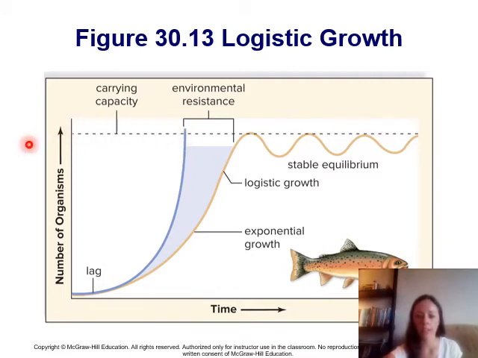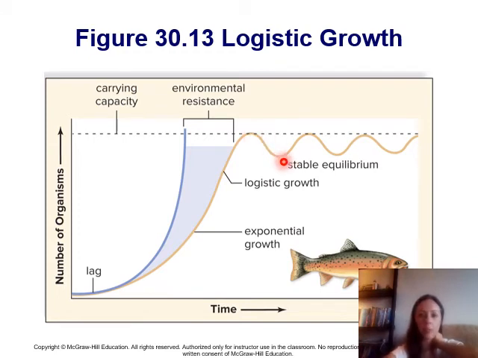Here we have the carrying capacity, which just shows us how much habitat and food is available to our trout species. And once our population starts reaching that carrying capacity, then we're going to enter into the logistic growth phase. Our trout population has maxed out the carrying capacity, and so some of the individuals will die off.